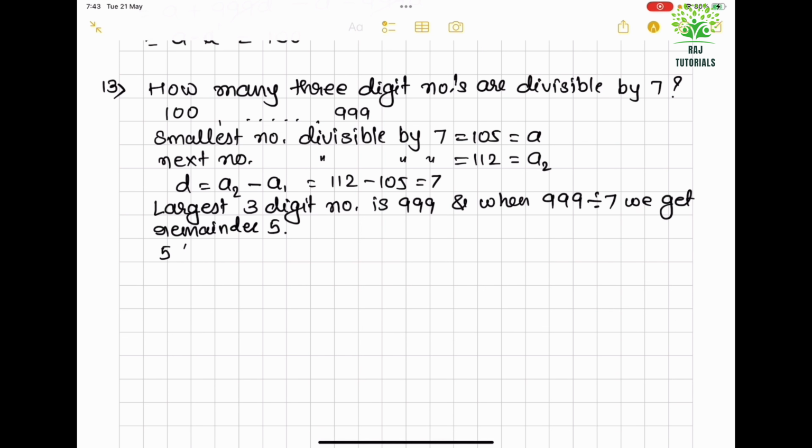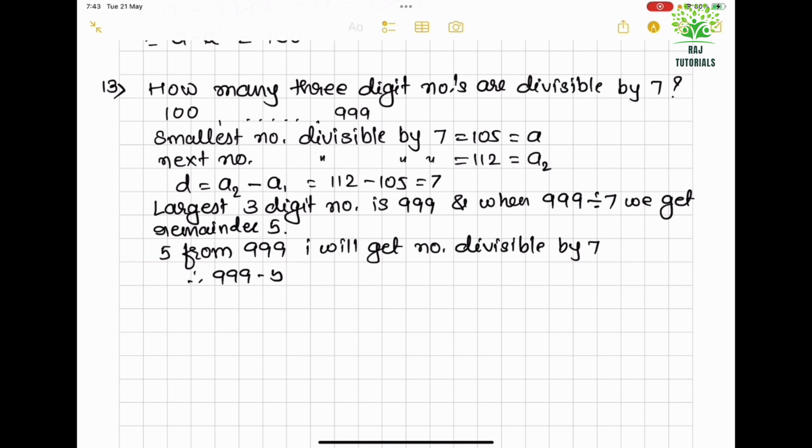If I subtract 5 from 999, I will get a number divisible by 7. So 999 minus 5 will be equal to 994. Now if you carefully see, 994 is divisible by 7. So I can say AN equals 994.